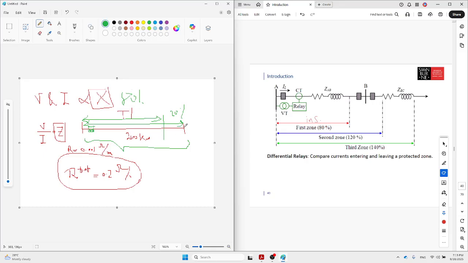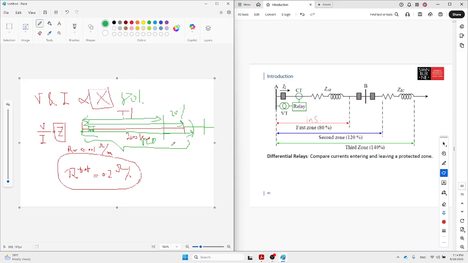Okay, so 120 means that we have other transmission line. Okay, so 120 is 100% plus 20. So it becomes 120%. Since here to here is 120%, and the last one is 140% of the first one. So it is going to cover many different types of faults.